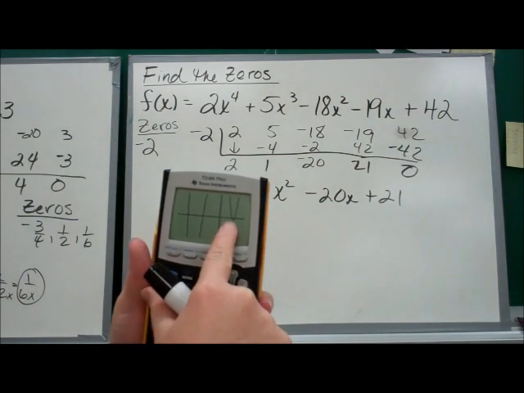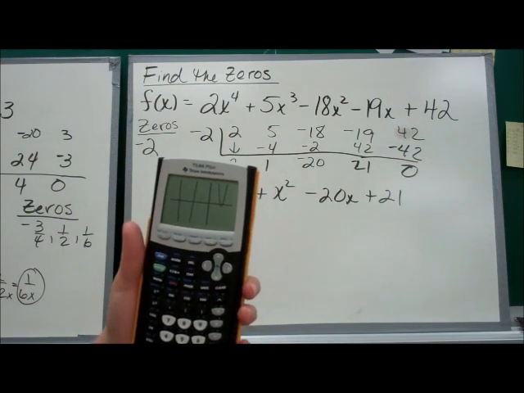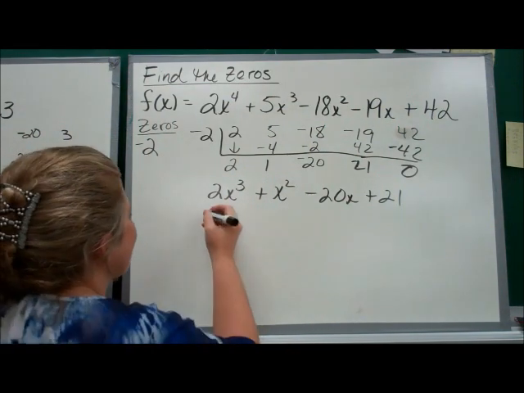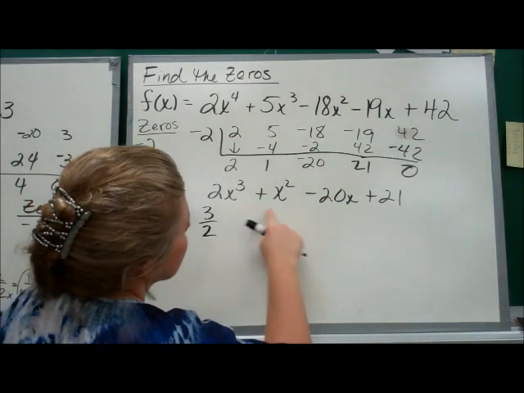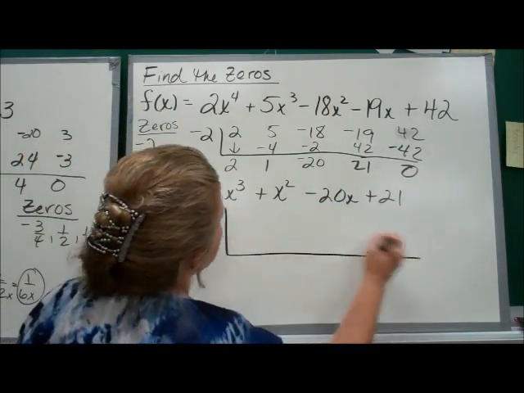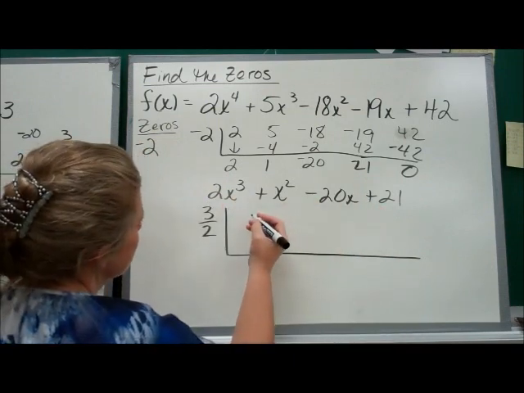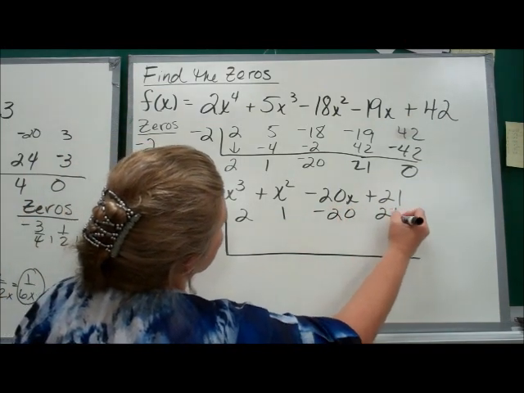If you can see that, that one is probably 3/2. Most likely yes, because definitely I know the answers this time. We're going to get those worked out. So let's do 3/2, and let's divide this one by 3/2. So now I'm going to do synthetic division on this, and I'm going to go with 3/2. So it's 2, 1, negative 20, and 21.